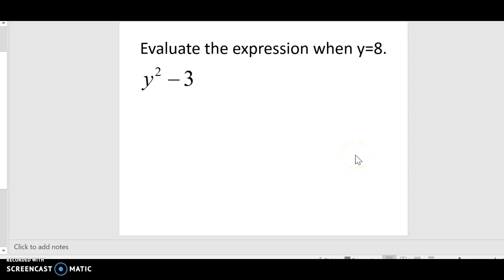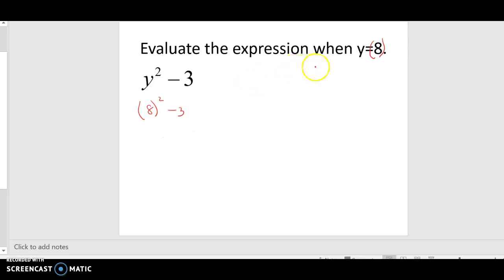Now, anytime we evaluate these expressions, when there's a variable that has to be substituted, it's very important to take that variable and put it in parentheses. So when I'm evaluating this expression, I'm going to substitute the 8 in for y using parentheses. In this case, it doesn't make a difference, but if that 8 was negative, it would make a huge difference.